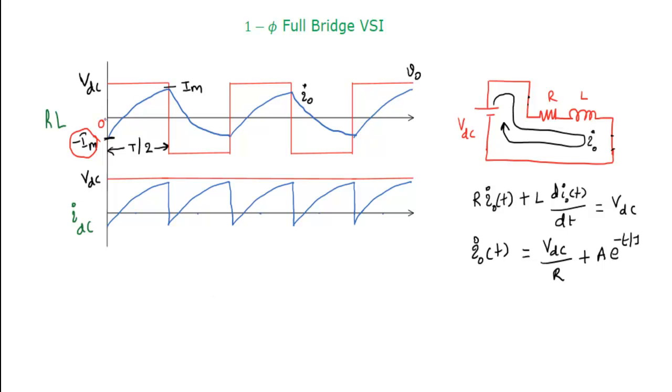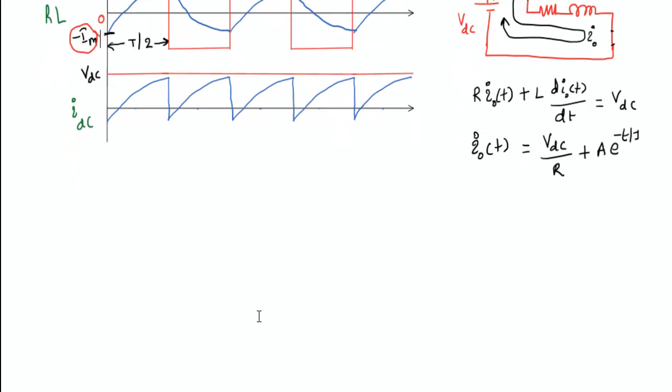I'm using the initial current waveform here to calculate A. So initial current is minus Im, equal to VDC by R plus A into e power 0, since we are substituting t equal to 0.